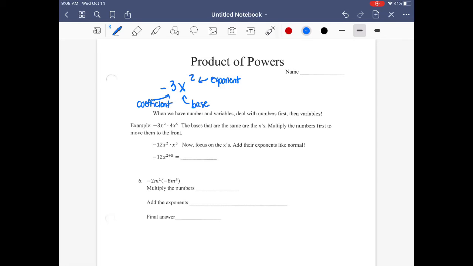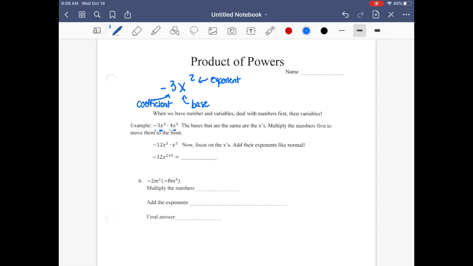When we have numbers and variables, we always work with the numbers first and then we work with the variables. So in this example, we have negative 3x squared times 4x to the fifth. The bases are the same because our bases are x. So we will multiply those coefficients, those numbers on the front, first.